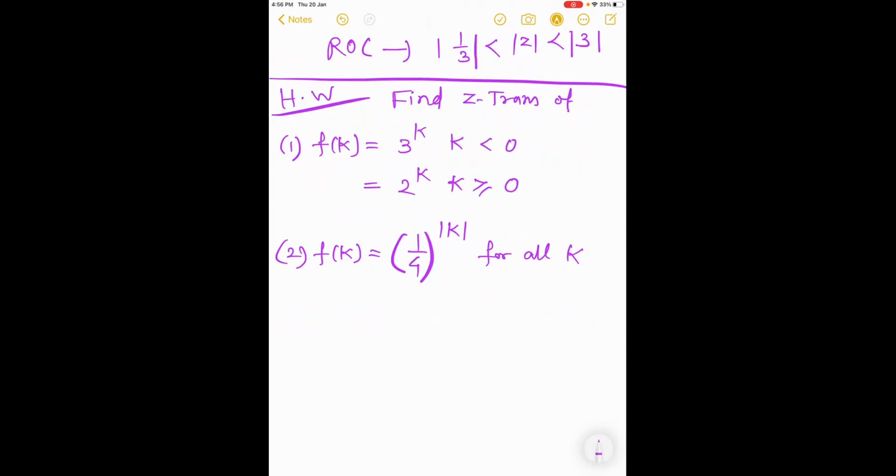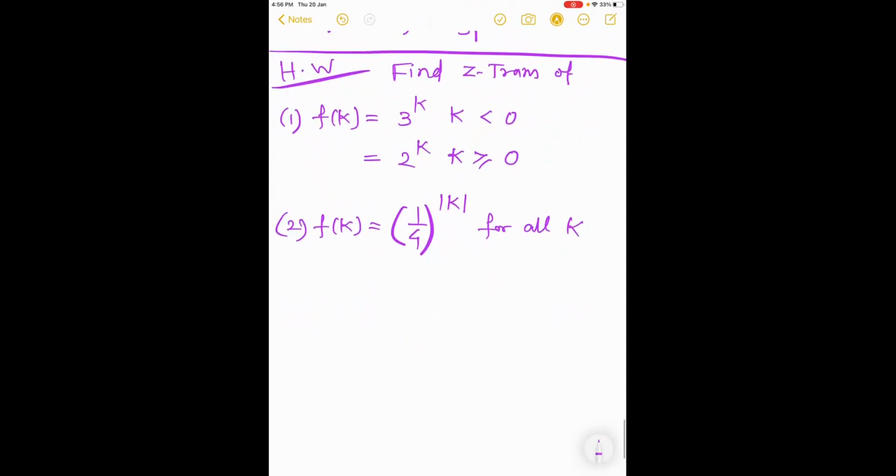And one more, just to see if you can find out this answer, because that we have not done, but with your knowledge of the series expression. Third one, f(k) is equal to e^(-ak) for k greater than or equal to 0, a causal sequence.